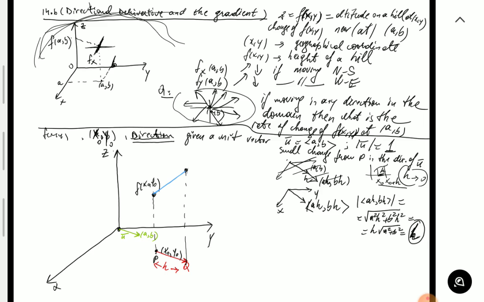So now, going back to the vector PQ, how do I come up with a vector of length h, but now starting from x naught, y naught? I'm going to simply add ah and bh to the x and the y coordinate.